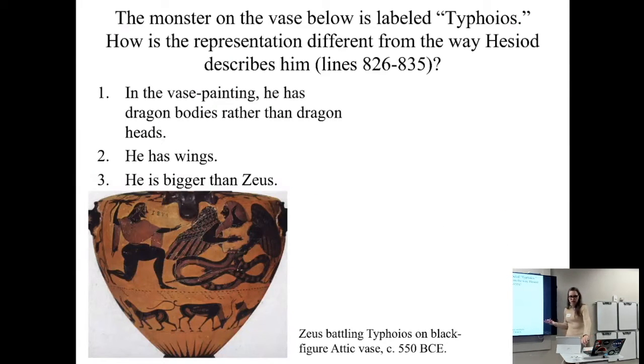So this is just another example, kind of trying to get the students to pay attention to details. And this question is interesting because typically it gets a lot of students in the room to actually pull their books out, because I pose this question. I give them the lines from the poem that they need to look up. And so a lot of them will bring out their books.